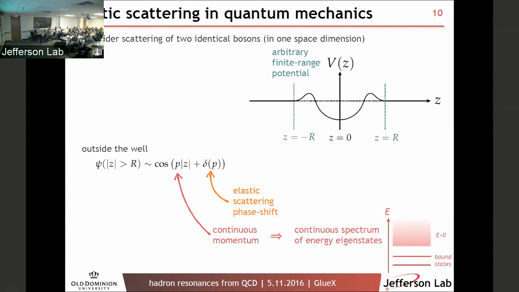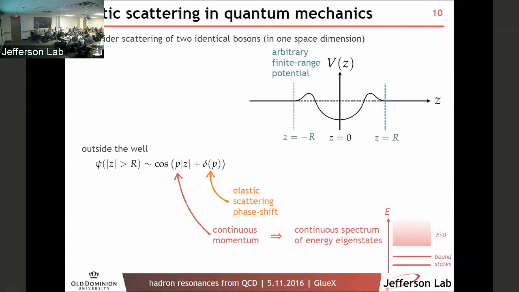So let me give you a simple way of thinking about what's happening here by going back to ordinary non-relativistic quantum mechanics. No field theory, just quantum mechanics in one space dimension. Suppose you've got two identical particles, spin 0, make it as simple as possible, that interact through some finite range potential.